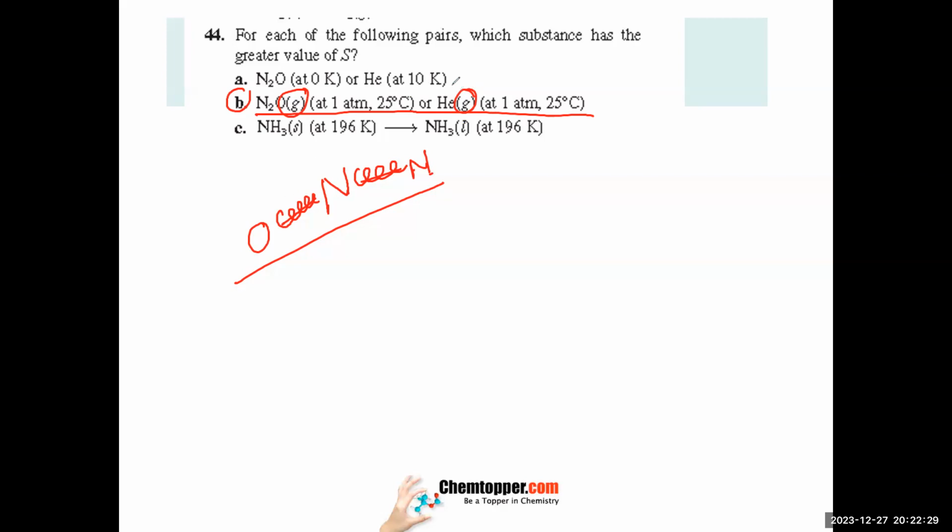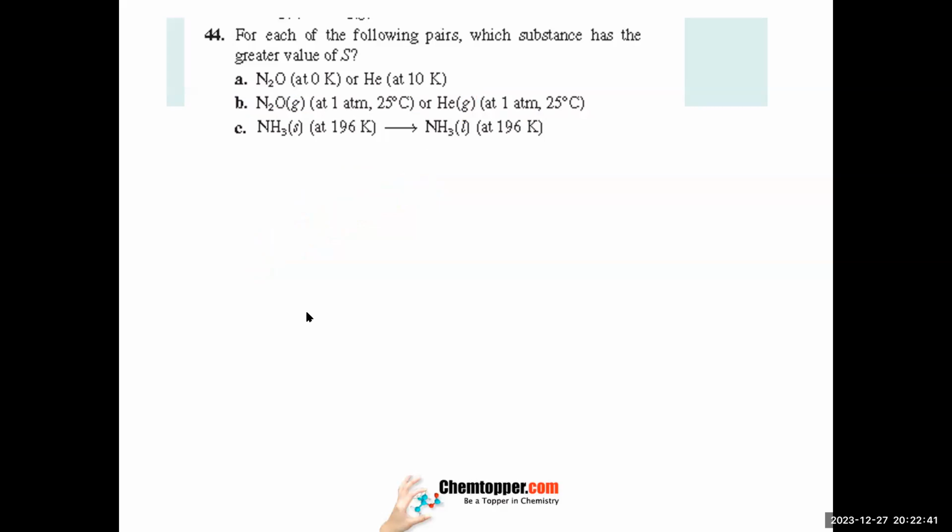Whereas helium has no chemical bonds, right? So please retain it. Sanvi, are you clear about it? Sanvi? Okay, good. This is a very unique question. They may not ask this question in AP, but I place it because it's a good question.